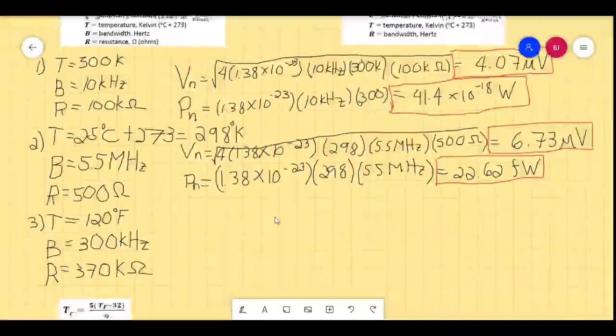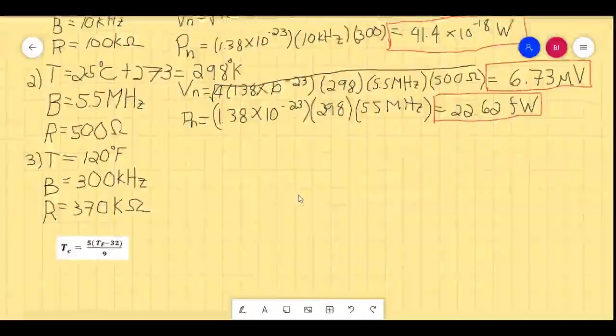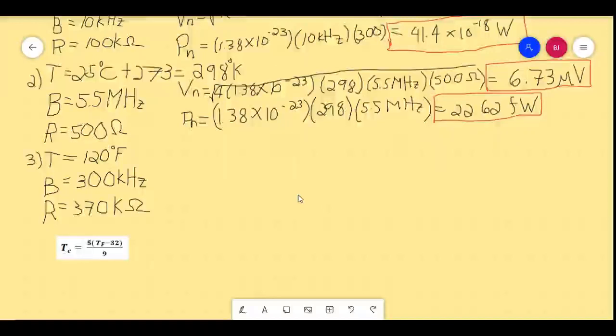Next, we have example number 3. In example number 3, the temperature is given in Fahrenheit. So we have to convert it first into Celsius, then into Kelvin. How do we convert Fahrenheit into Celsius?